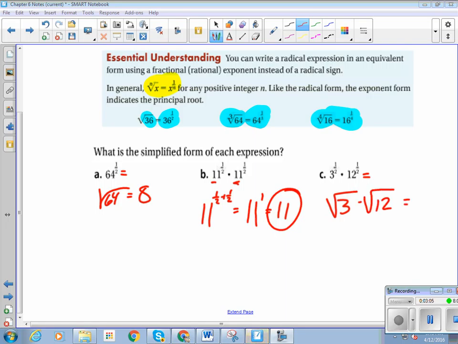We learned in previous sections that when we have two square roots with the same index, we can write this as a product of each of these numbers underneath the square root. So this is 3 times 12. What is 3 times 12? 36. And can we find the square root of 36? Yeah, it's just 6.